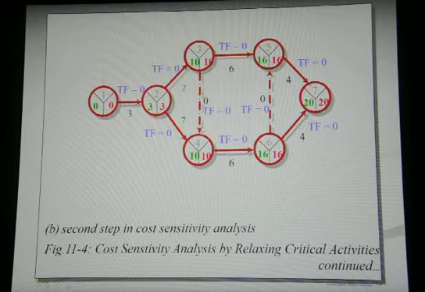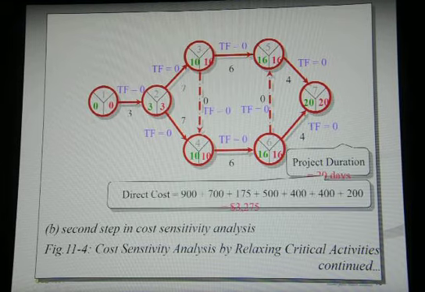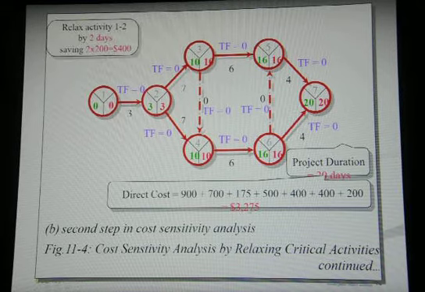So here we will continue. We know that we were at 20 days and $3,275. Now we're gonna relax activity 1, 2 by 2 days, and that would save $400. 2 days will be here, 22, right?